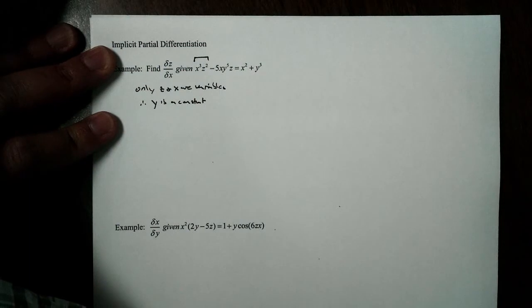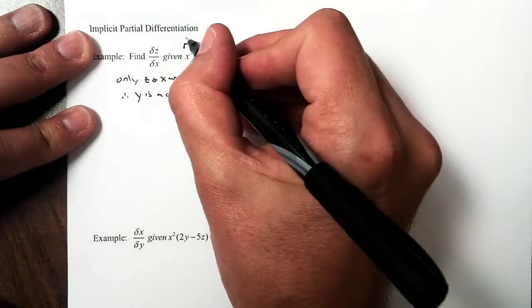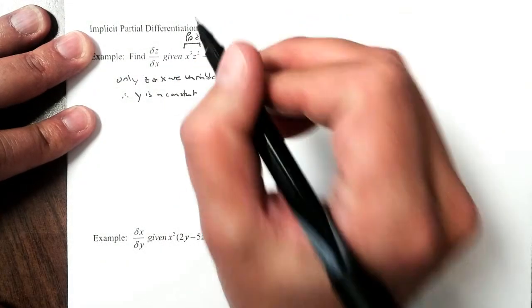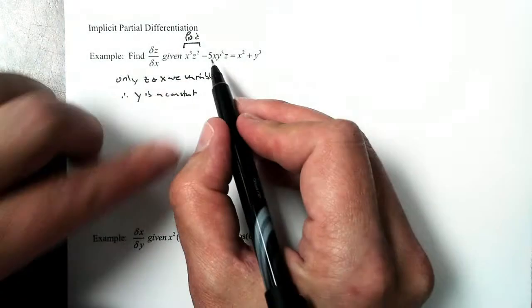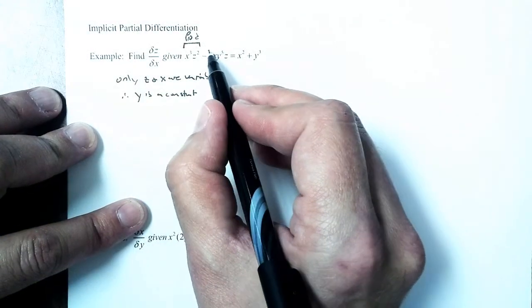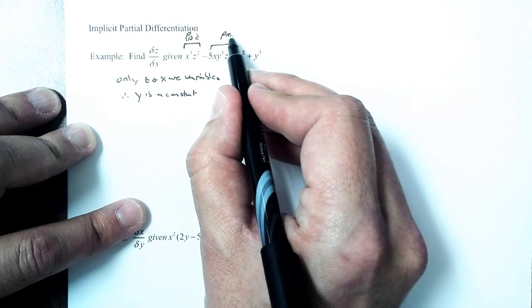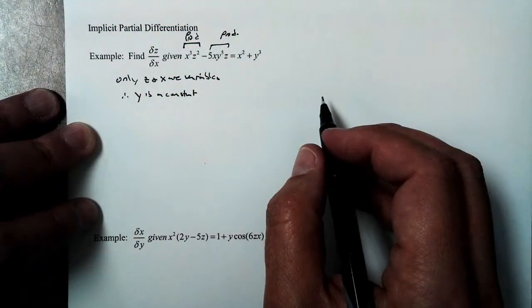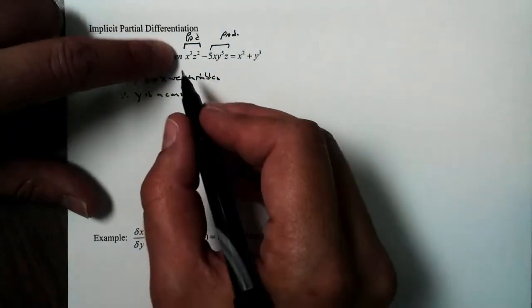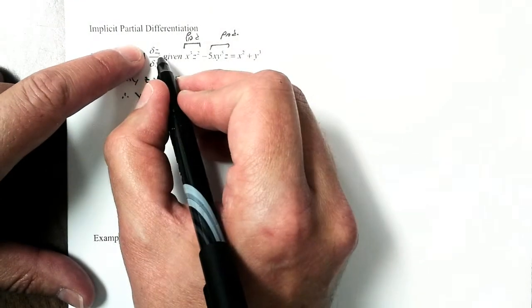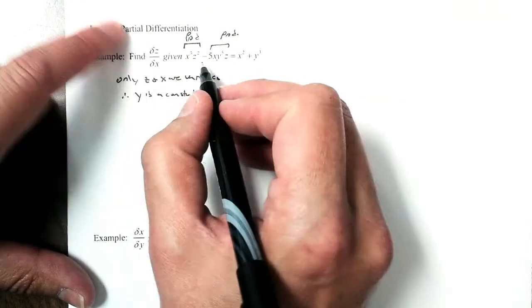So when I take my derivative of x cubed y squared z squared, I will have to use my product rule. The same thing for here, x y z, I will have to use a product rule right there. When I take the derivative, remember, I'm taking the derivative of z with respect to x.